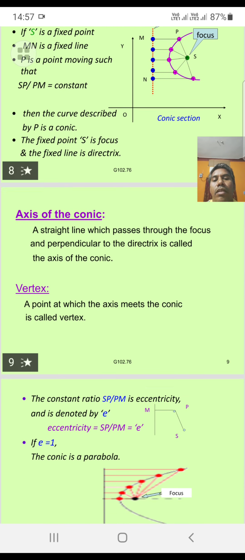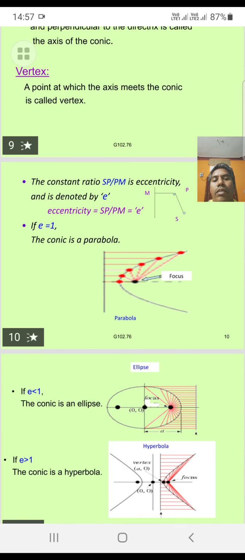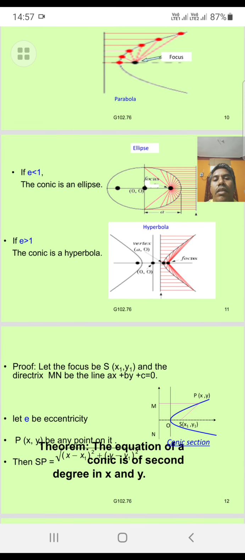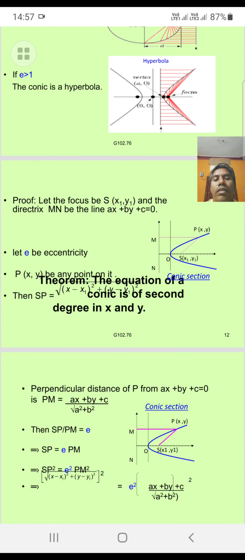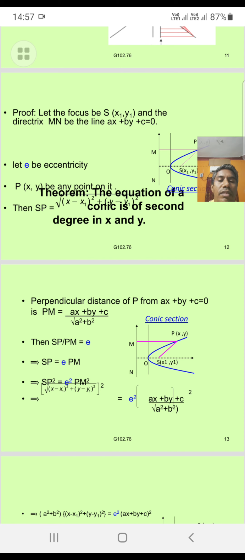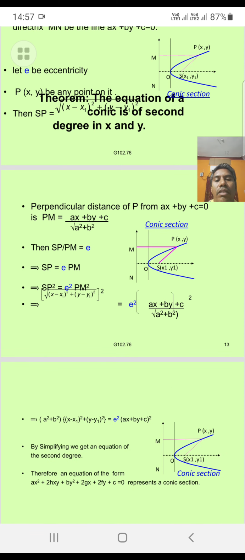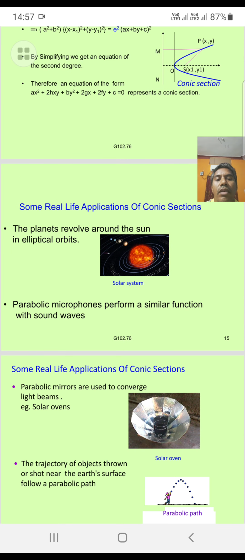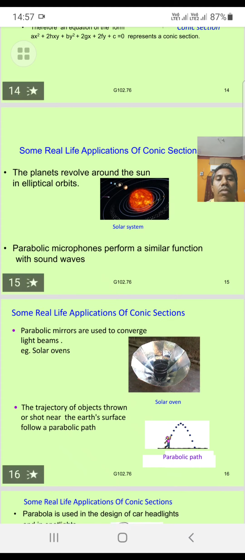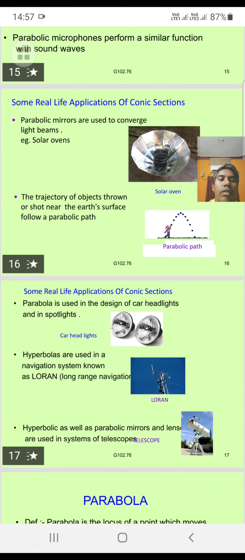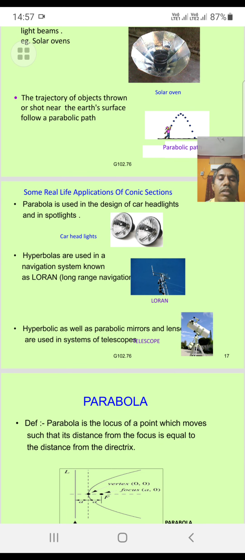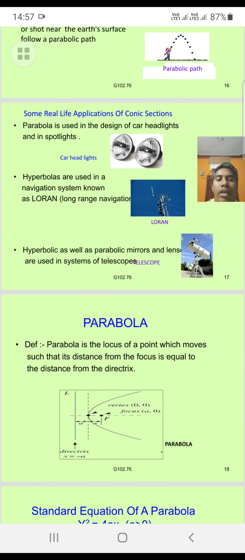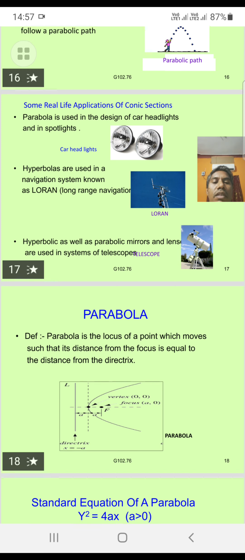So if you think about the concept of eccentricity, then you can easily understand how the equations are formed, how the diagrams are formed, and what the conditions are, what points we are mentioning, that is focus or vertex or directrix.